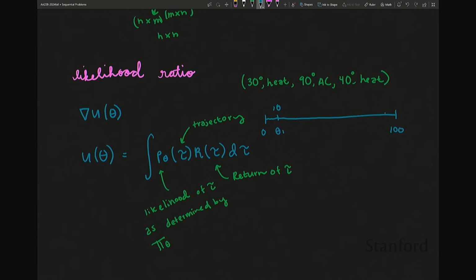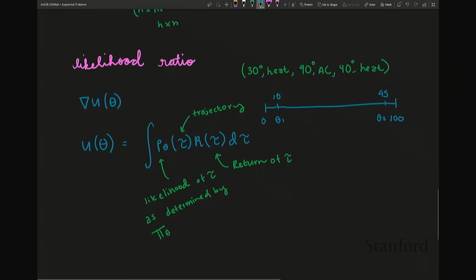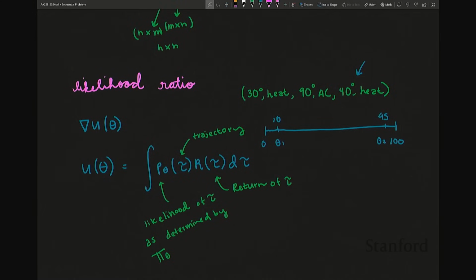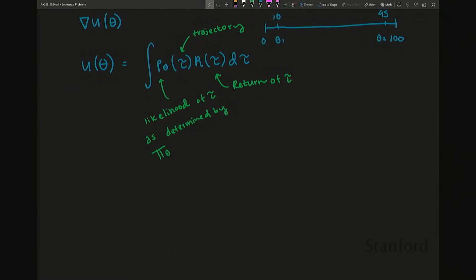And then theta 2 is 95, and we only have the AC on above 95 degrees. So if we had a policy parameterized like that, then this trajectory that I just showed you would be impossible. That would never happen, since according to these parameters, we wouldn't turn on the heat and AC. So the policy is determining how likely a trajectory is. Do we feel good on that?